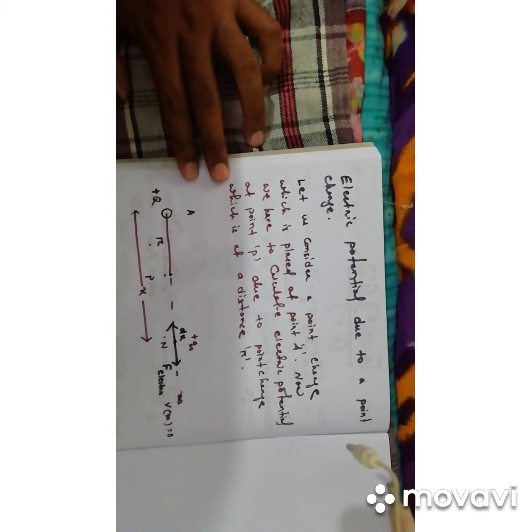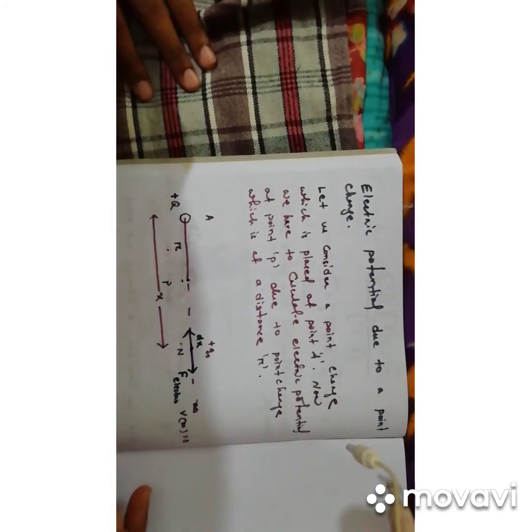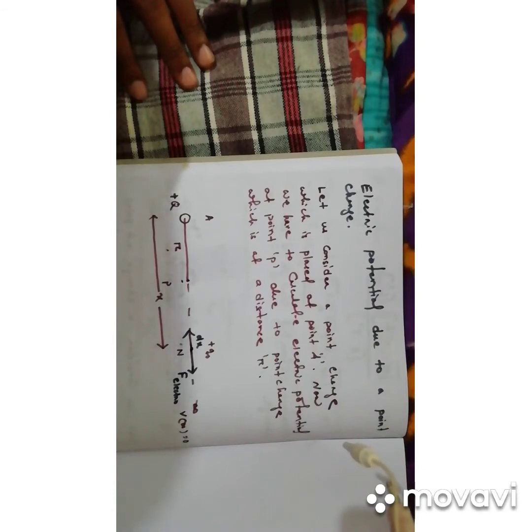That means the external force is always against the electrostatic force in order to maintain a constant speed, so that it cannot change its speed or its kinetic energy. That's why the test charge moves slowly towards point P.